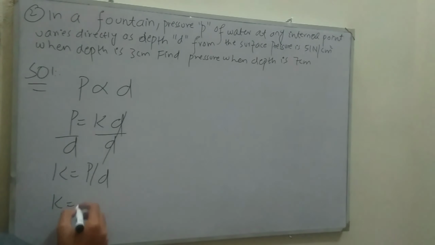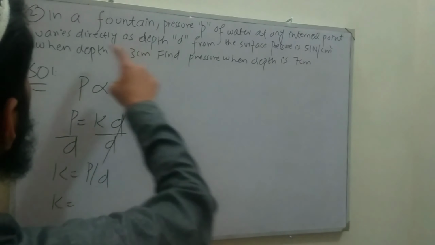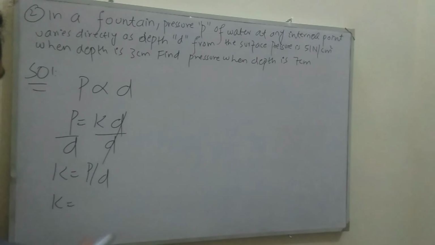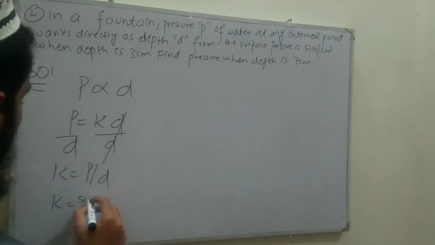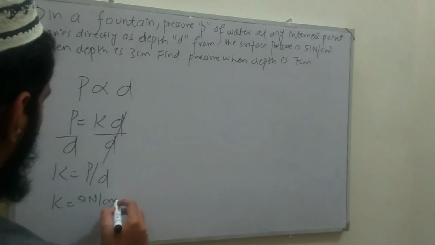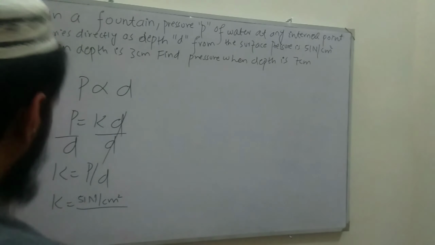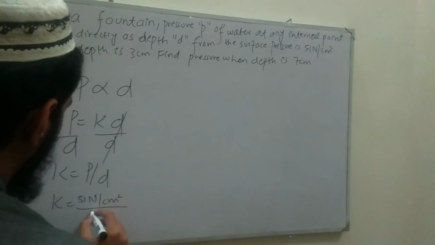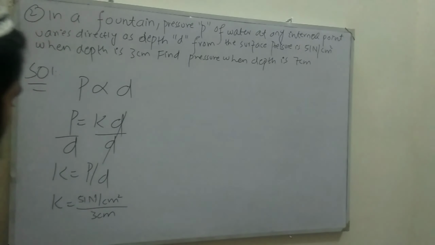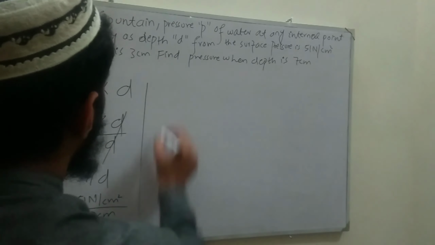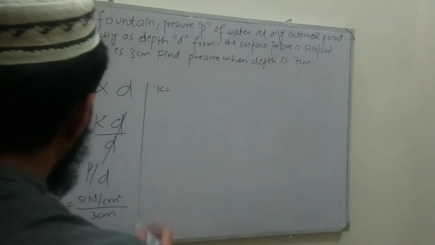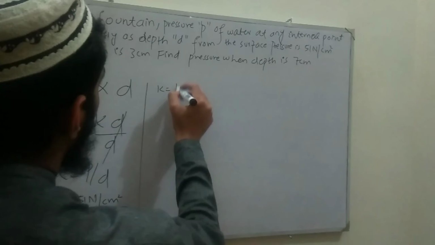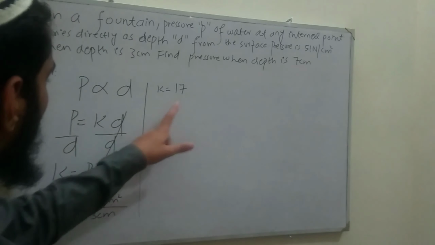Pressure is 51 Newton per centimeter square, divided by depth, which is 3 centimeter. So 51 divided by 3 gives us 17.